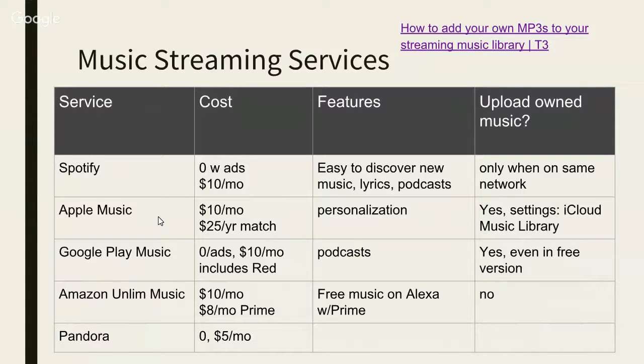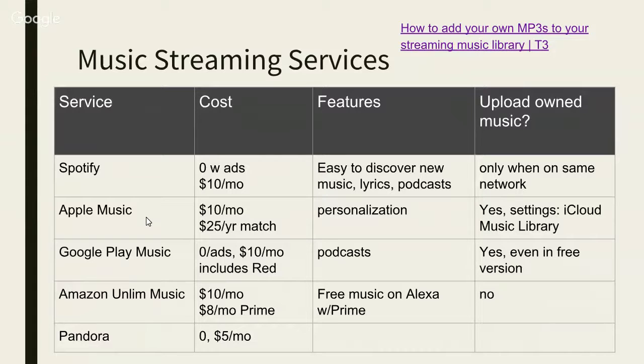Google Play Music has a free version and a $10 version, which includes YouTube Red. So I ended up going with YouTube Red, and you can upload your music even in the free version. So I thought that said a lot for Google Play Music.